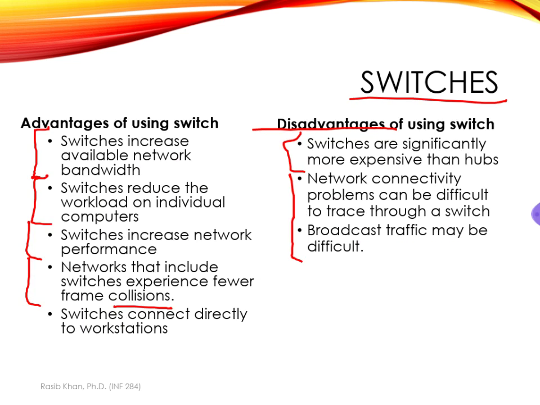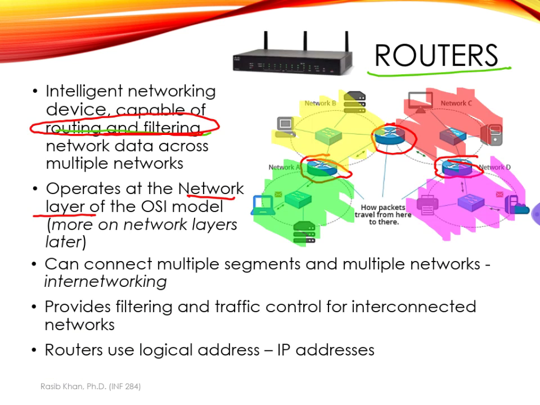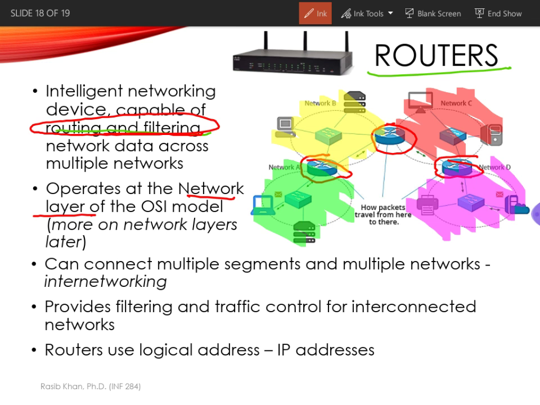That means that routers use logical addresses, which are IP addresses, and using IP addresses, they're able to distinguish which network a packet is intended to be delivered and then can forward it accordingly.